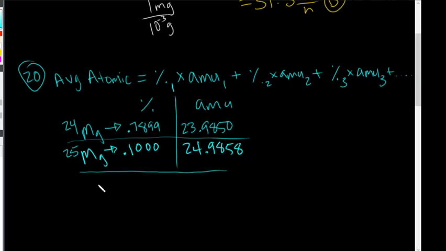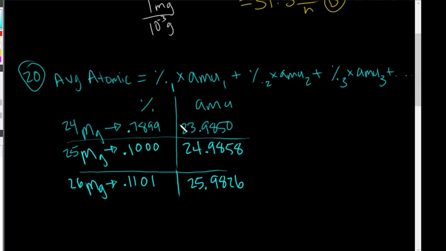And the last one that they gave you was magnesium 26. That is 11.01%, so 0.1101. And its AMU is 25.9826.